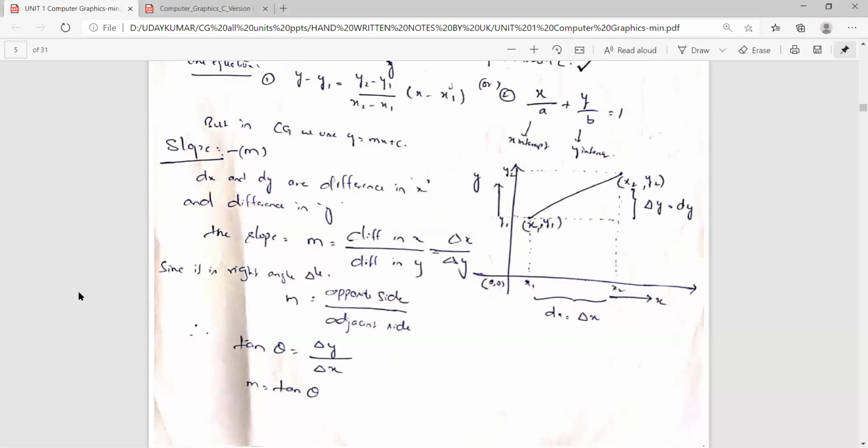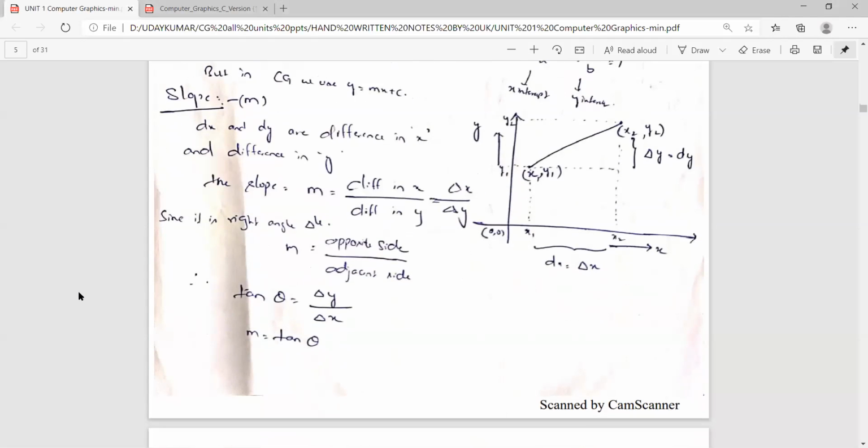So you can write delta y by delta x, which is tan theta, where m is equal to tan theta. So we got the slope as m equal to tan theta for the given straight line.